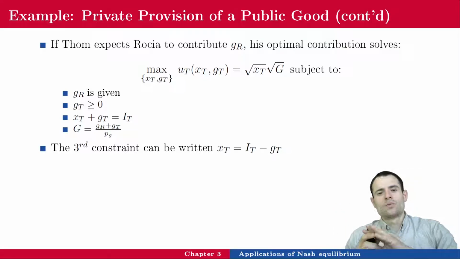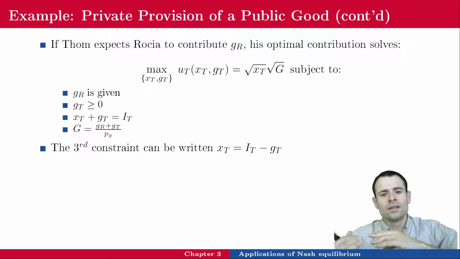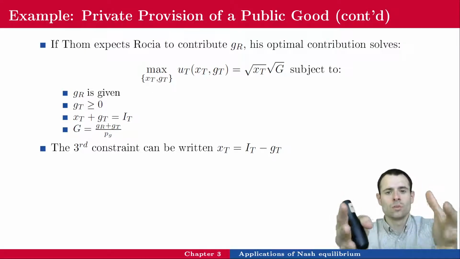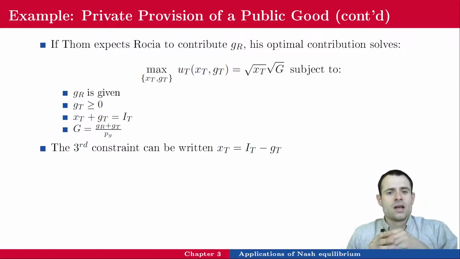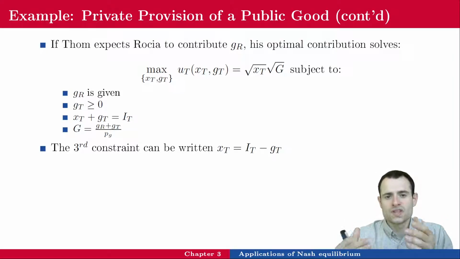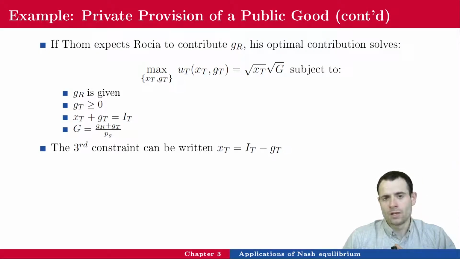Then they add the money coming from Rosia, and then they compute big G by dividing by the price. They go to the store with this money, and the number of units they can buy is equal to those contributions divided by the price of the public good. So in this example, I define contribution as money, not as a good.